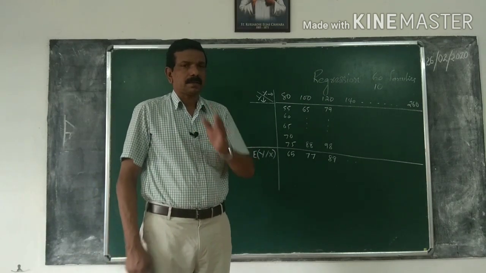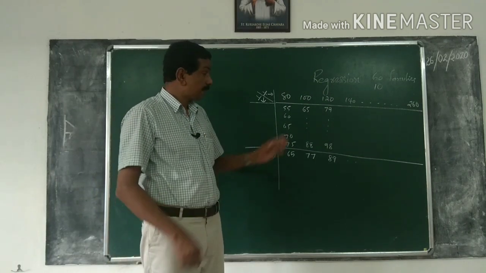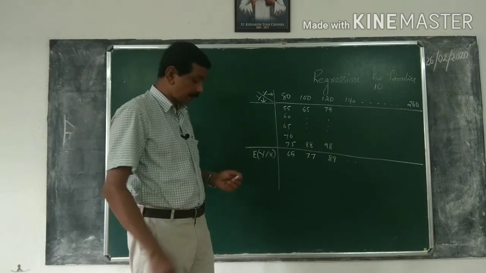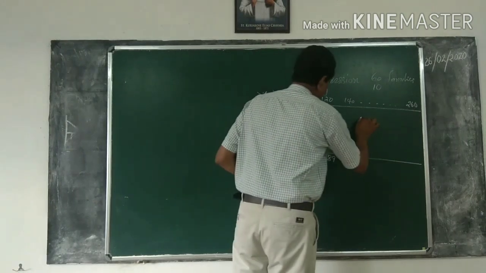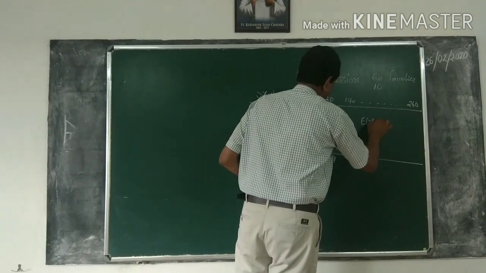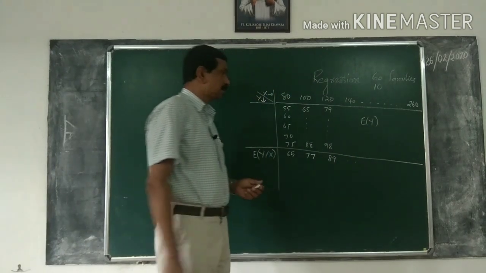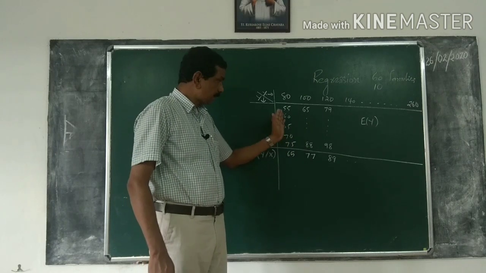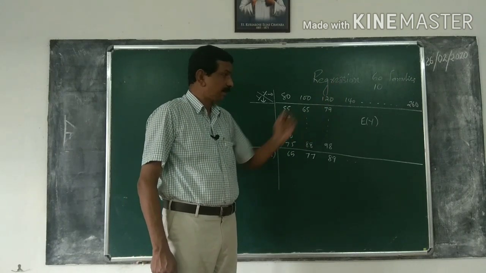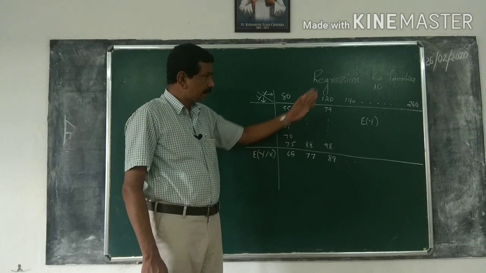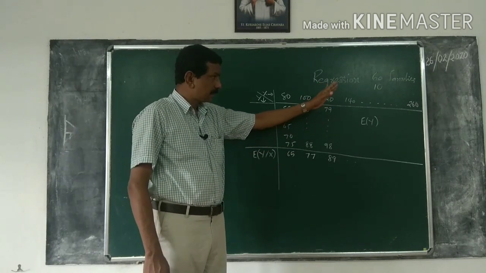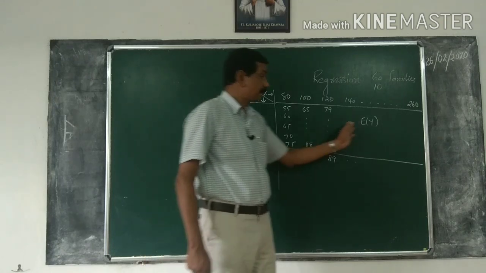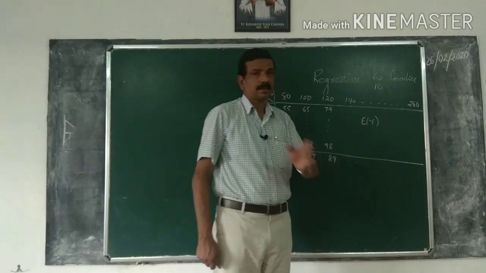Now if you ask the question, what is the expected value of y, expected y simply? The answer is, we add together the consumption expenditures of all the 60 families and divide by 60. That will give you expected y, and this is only a single number.